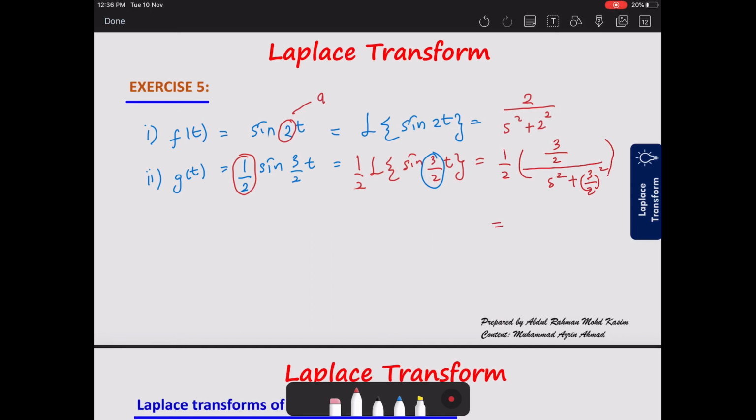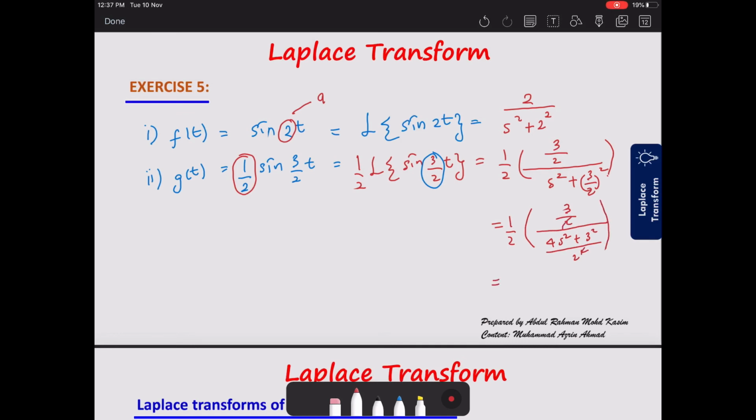What do you get if you want to simplify it? Over here is 1 over 2, and then you have 3 over 2 over here. You simplify the denominator first, so what you get is 4s squared plus 3 squared over 2 squared. Now you can simplify it.